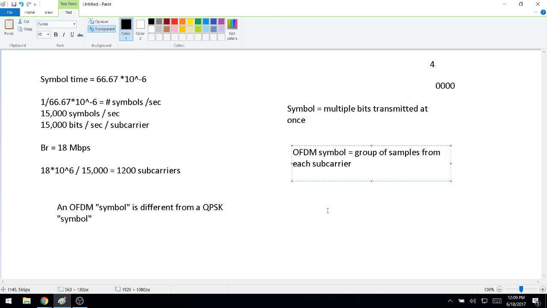And so for OFDM, when we say that there's 15,000 symbols per second, each symbol is a sample from a subcarrier. And so if there's 15,000 symbols, that means there's 15,000 bits per second per subcarrier, because each subcarrier has to be transmitting. One symbol means that we're sampling from multiple subcarriers at once.